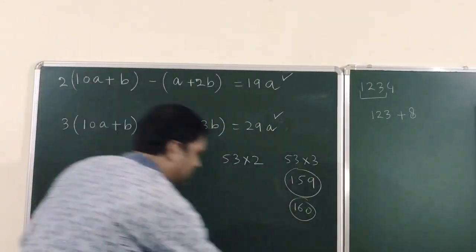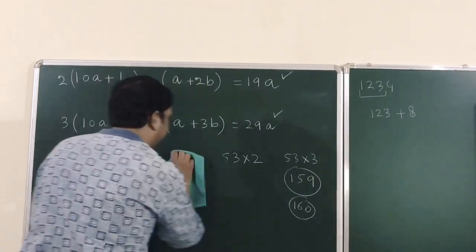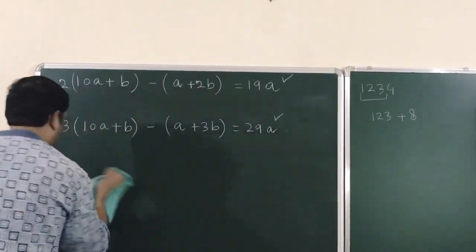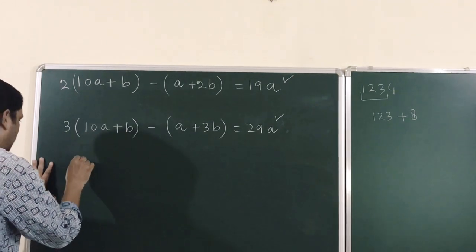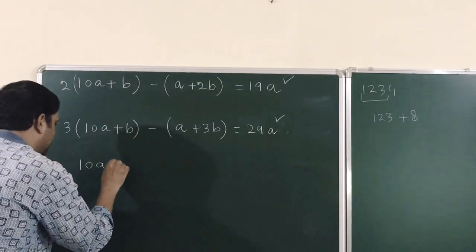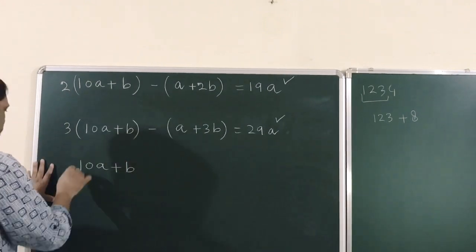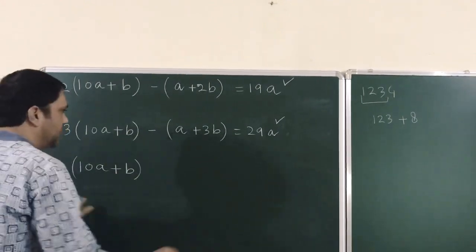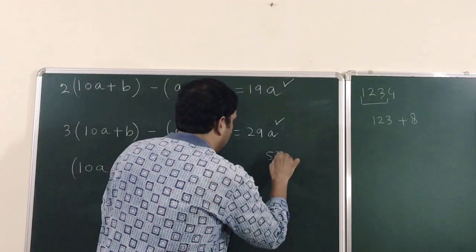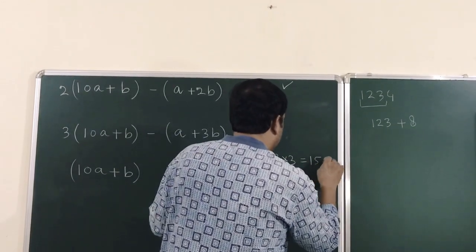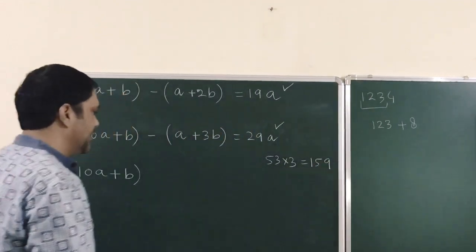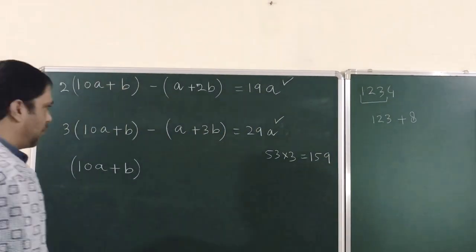So how will I write this? Let's say 53's divisibility we have to check, and we are checking the divisibility of 10a plus b by 53. So what I'll do? 53 into 3 is 159, and 159 is 160 minus 1.